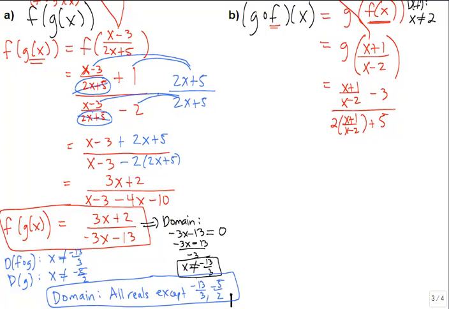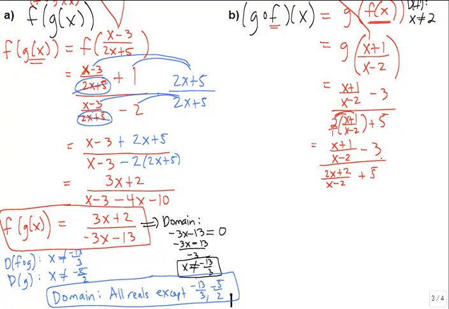Now if you want, you don't have to do this, but you can distribute that 2. Remember that this 2 is like a 2 over 1. So you'd multiply top times top over bottom times bottom, and when you multiply the two tops, you do need to distribute. So this would be x plus 1 over x minus 2 minus 3, and then 2x plus 2 over x minus 2 plus 5.